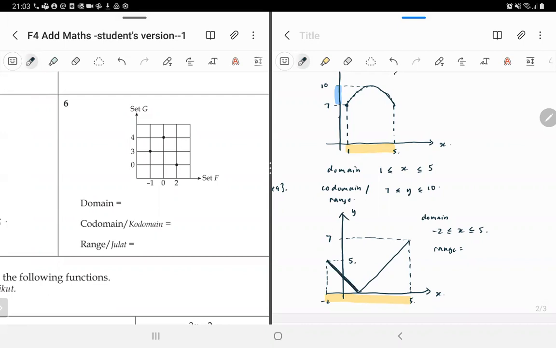As long as it is a line, that means there will be something mapped to something along this line in order. Yeah, correct. 0 to 7. Wow, very good. So 0 less than or equal to y less than or equal to 7. This is very important because this shape always comes out in the exam.